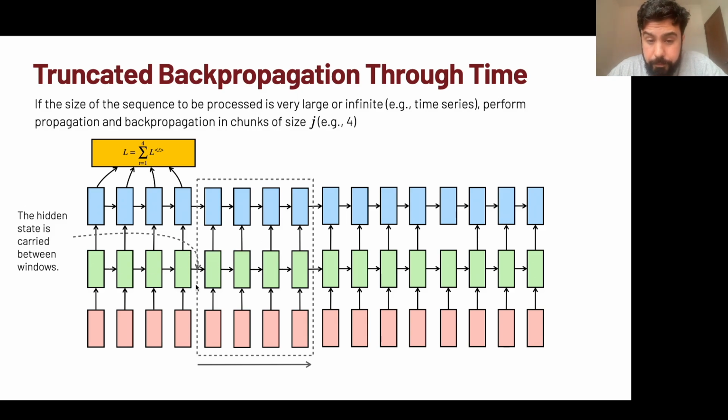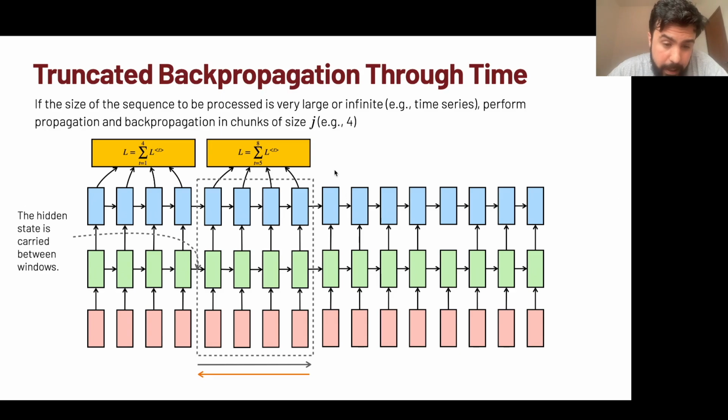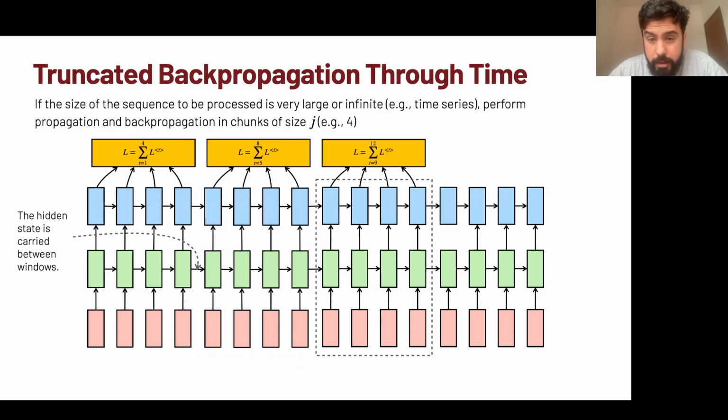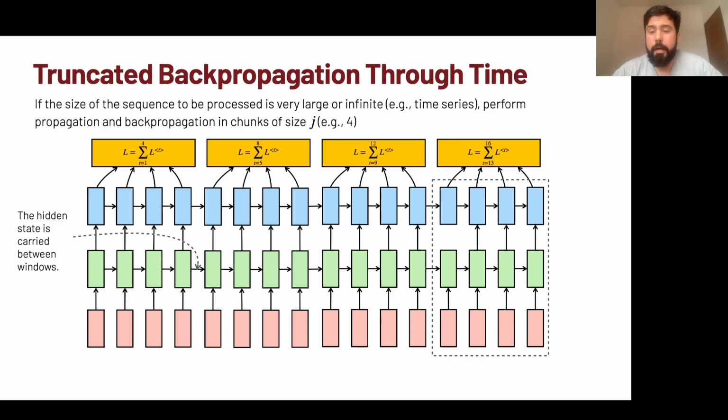Then you would process the next 4 examples, sum their losses, and then do backpropagation and update the weights. So now we updated the weights once, and then just updated the weights another time, and we do that for every chunk of size 4 in this case. It doesn't have to be 4, right?